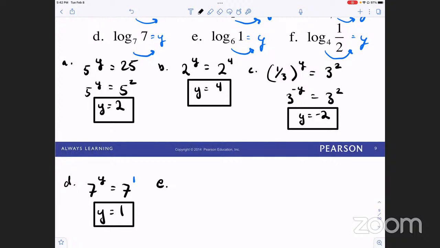If there's 6 swings, we have 6. Why does that feel weird? 6 to the power of y is the same as 6 to the power of 0. So then y equals 0.